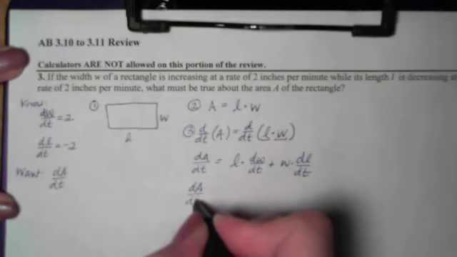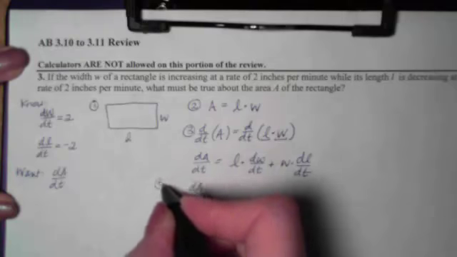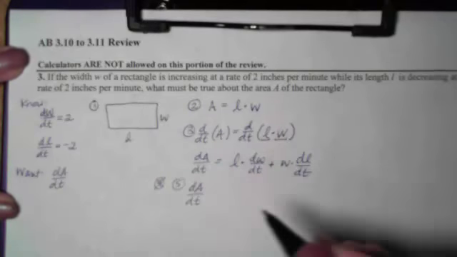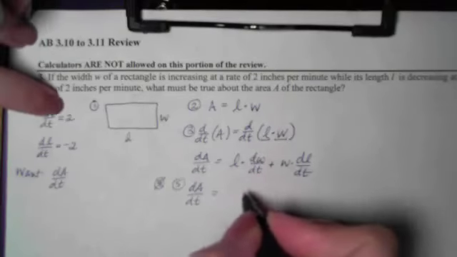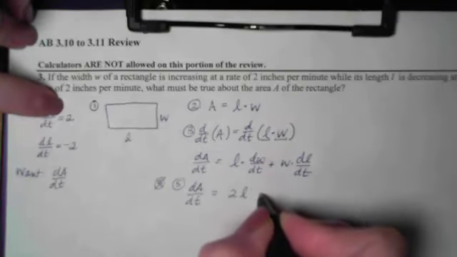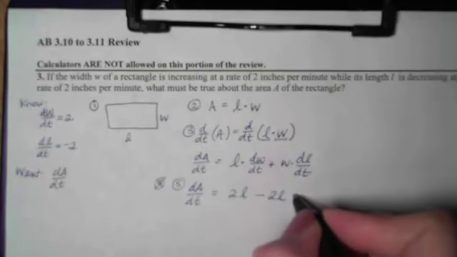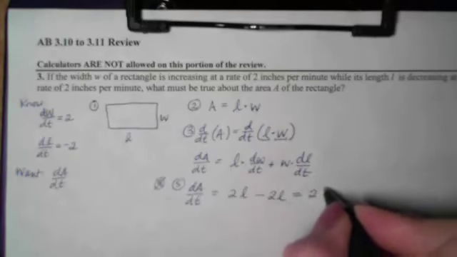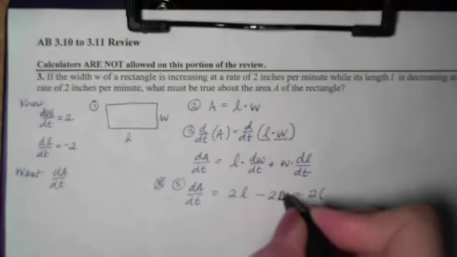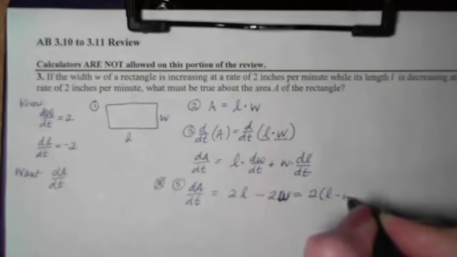So now if I plug in what I know, there is no step 4, but I can plug in my dW/dt, which is positive 2, and my dL/dt, which is negative 2. And then I can write dA/dt as 2 times, oops, that's a W, and L minus a W.